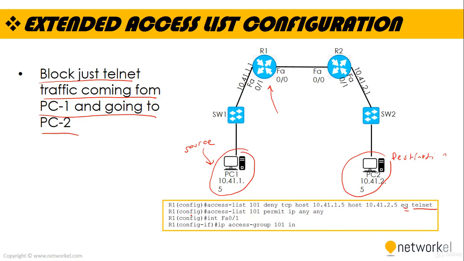And as I told you in our first slide, we should have at least one permit statement for each access list. So I'm writing access list 101 permit IP any, which is permitting any other traffic different from this. We are also applying this access list to the inbound direction of FastEthernet 0/1.